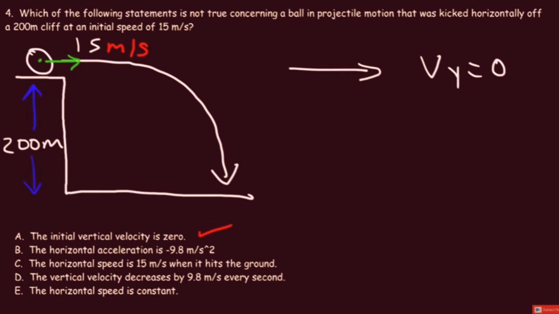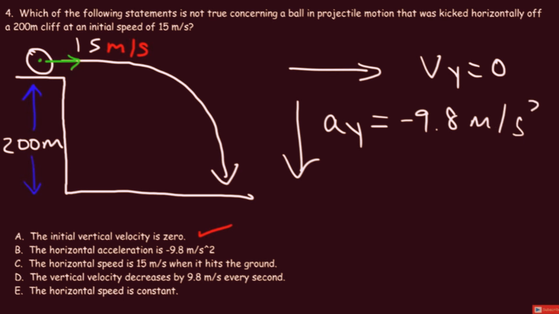Now whenever you have an object that is in projectile motion, by definition the only force acting on the object is gravity, so there's no air resistance, nothing. Also, gravity only acts in the y direction. So we have a vertical acceleration of negative 9.8 due to gravity. Since gravity is the only force acting on the object in projectile motion, by definition there is no horizontal acceleration.